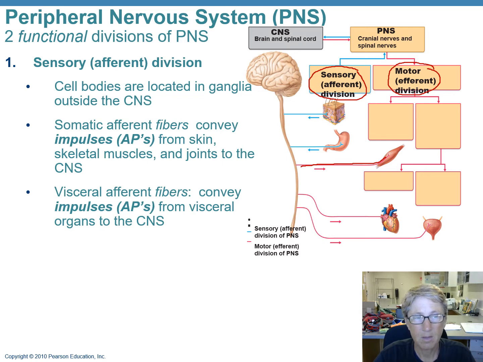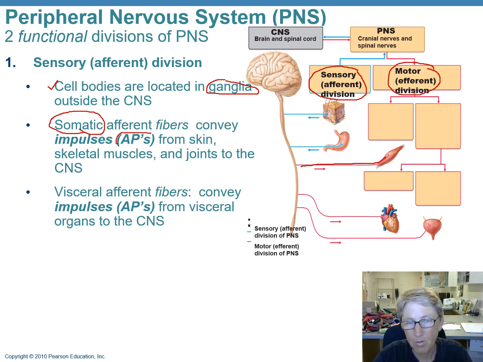So some details about the sensory, aka afferent, division of the peripheral nervous system. The cell bodies of all the neurons in the sensory afferent division are located in structures called ganglia, and they're outside the central nervous system. Somatic afferent fibers, so somatic means body, can convey impulses.